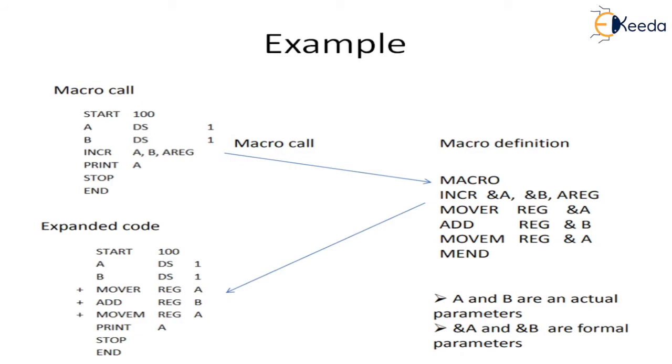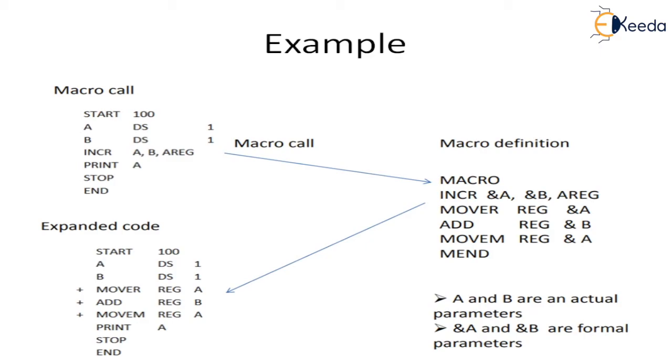First, we give the macro call, and after that, we show how that macro is expanded. In this example, the macro call is INCR A, B, AREG. In the second instruction, we have to expand this INCR A, B, AREG, and this expansion is shown in the figure. First of all, we have to find the definition for that macro. So the INCR A, B, AREG macro definition is shown in the figure.